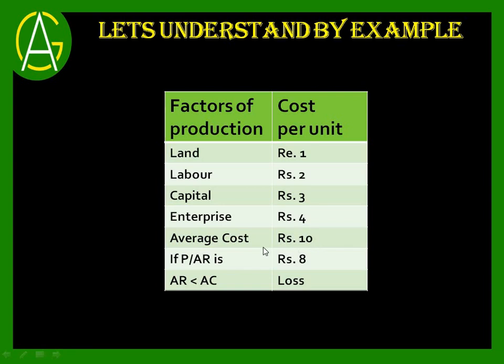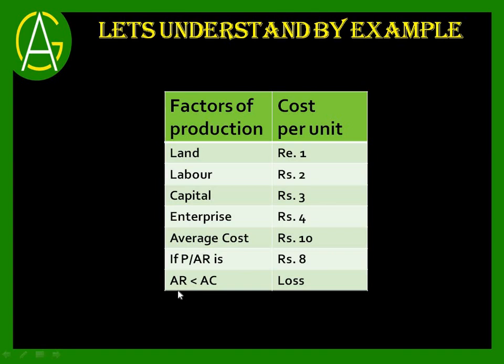Now suppose the price of this product in the market is 8 rupees, it means that average revenue is 8. Here the situation is like this: average revenue is less than average cost, or we can also say that average cost is greater than average revenue.